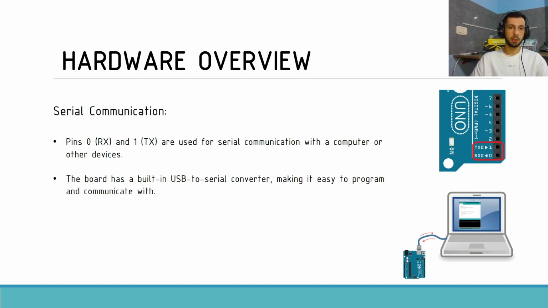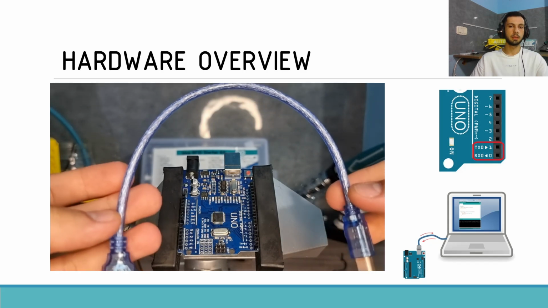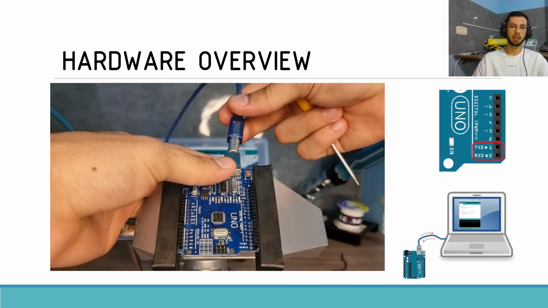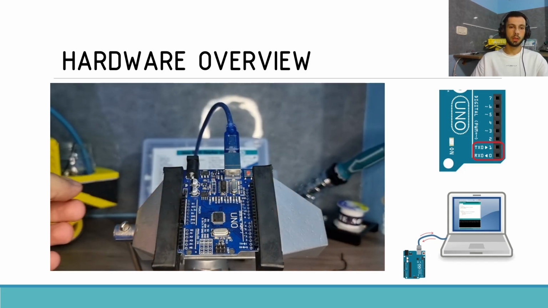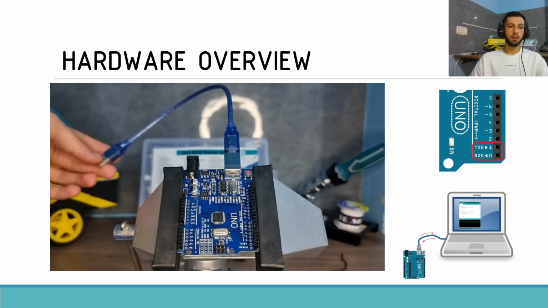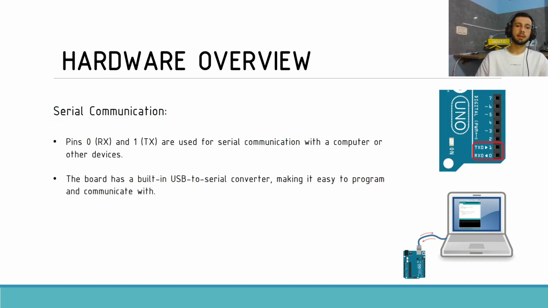Next point in serial communication: the board has a built-in USB-to-serial converter, making it easy to program and communicate with. It acts like a translator between your computer and the Arduino. It converts the digital data sent from your computer's USB port into serial data that the Arduino can use, and vice versa.